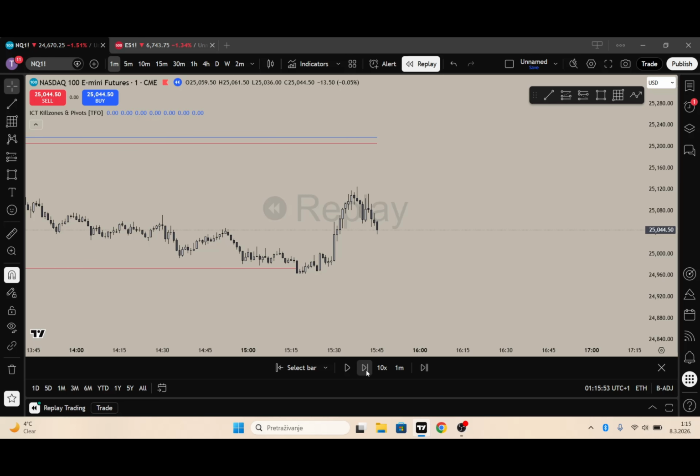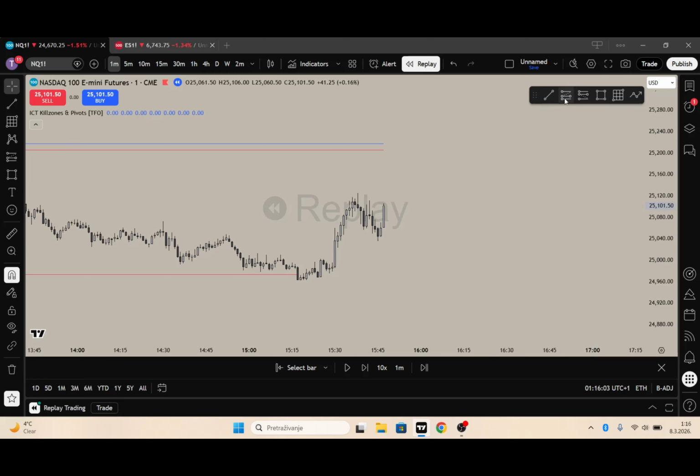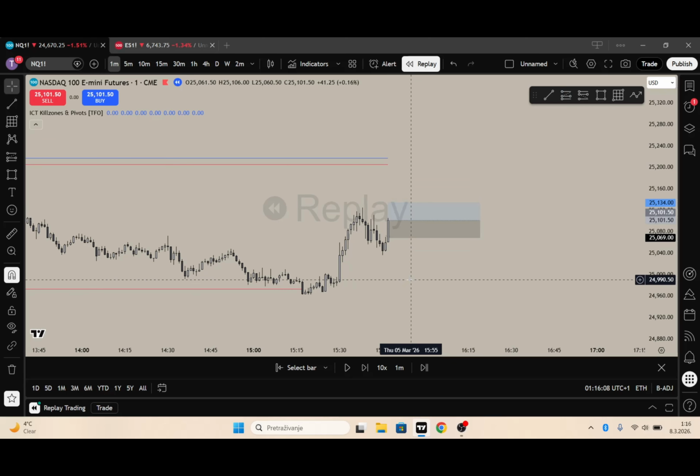So I waited for some kind of good displacement to inverse this gap that we got right here. That was when I entered. I entered right over here.